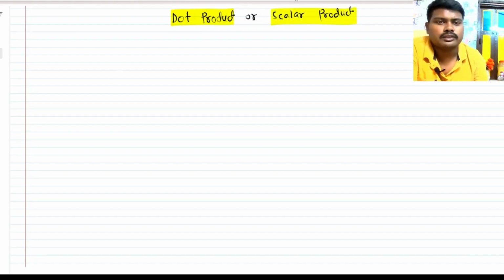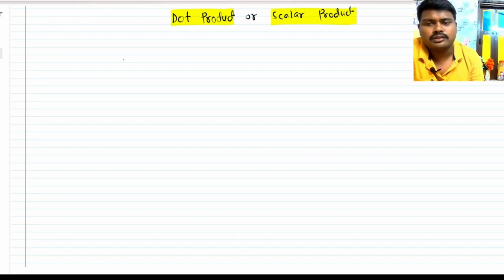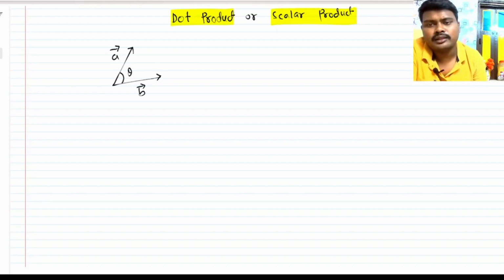Let us consider two vectors, A vector and B vector, and the angle between these two vectors is theta. Then the dot product of the vectors A and B is denoted by A dot B, and it is equal to mod A mod B into cos theta.